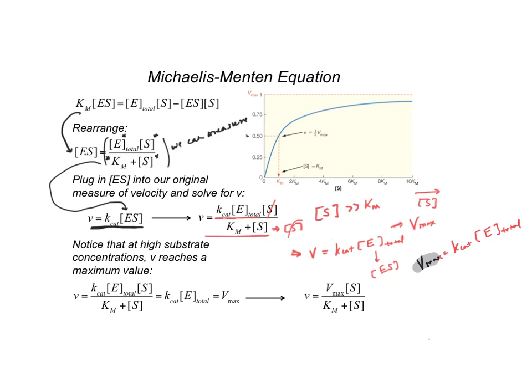When we do that, we end up with this, which is velocity in terms of Vmax, defined as the maximal velocity for our enzyme, again at this limit where substrate is much, much larger than Km, times substrate over Km plus substrate concentration.